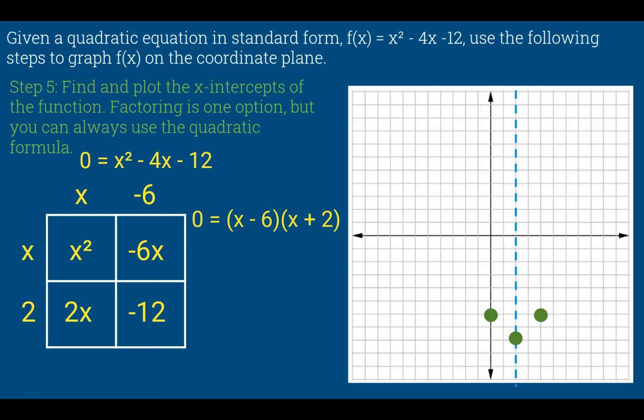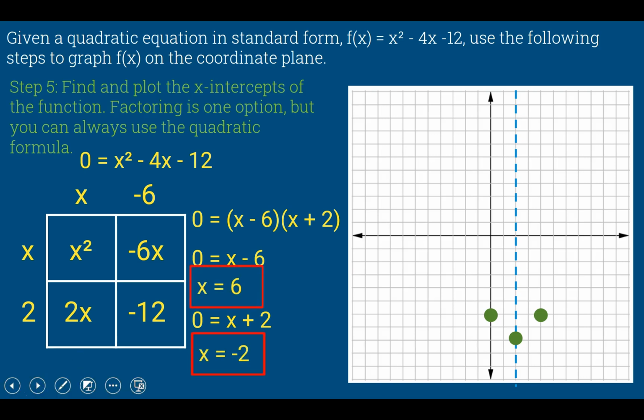To get X by itself, what am I going to do at this point? Make them both equal to 0. How are we going to move the 6 over? We're going to add it. How are we going to move the 2 over? We're going to subtract. Good. So we have X equals positive 6 and negative 2, and we can plot those up there.